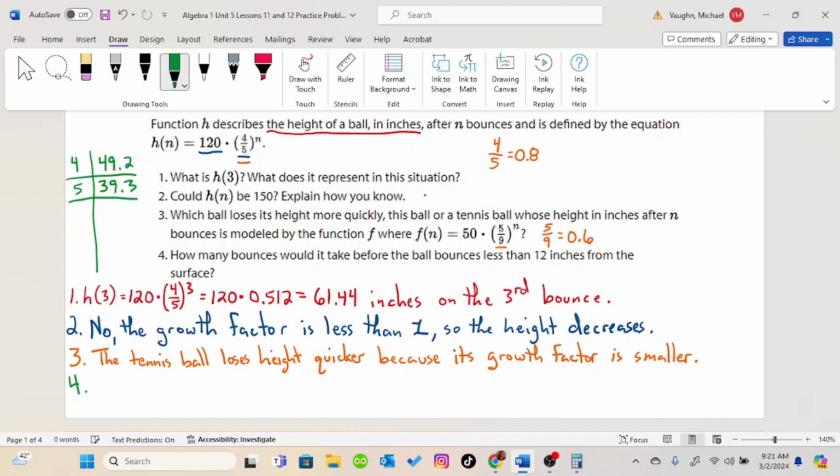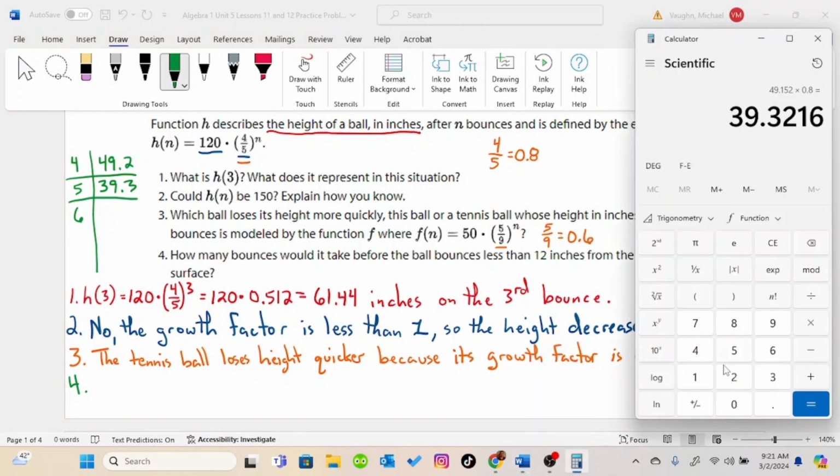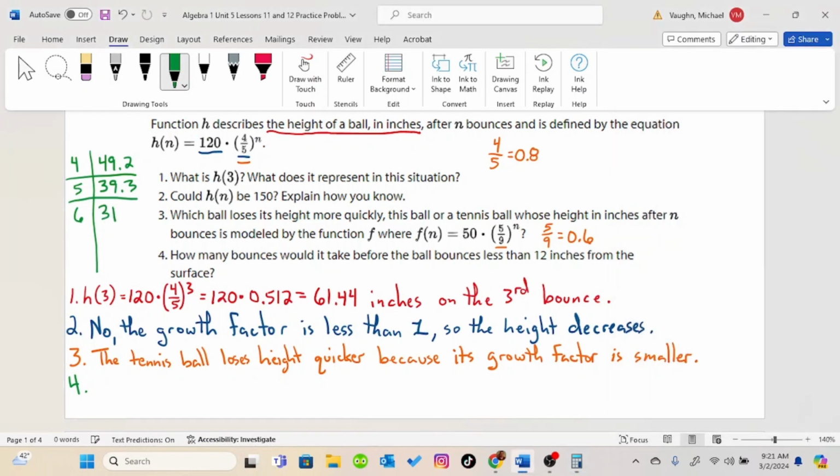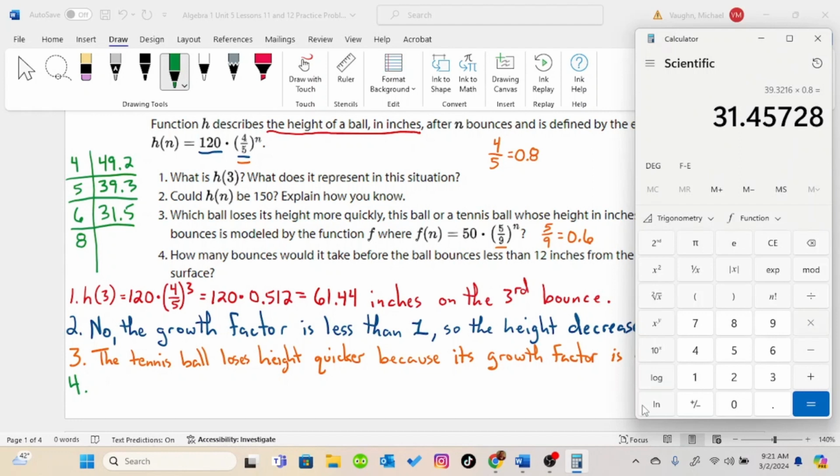We're not there yet. So now let's go to bounce 6. We're down to 31.5. So let's skip a couple and let's try 8, times 0.8.